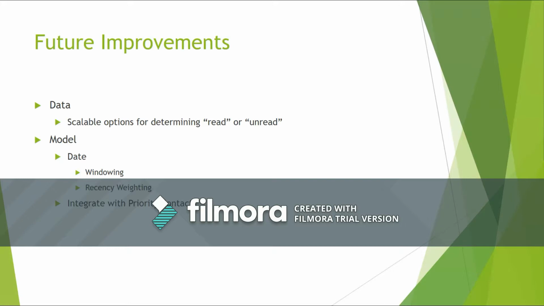The other thing in terms of getting the model better, if my Python skills and machine learning were more advanced, and maybe if I had a little bit more time to dedicate to this project, I'd add a time variant control, which allows you to either window or give weighting to more recent behavior.